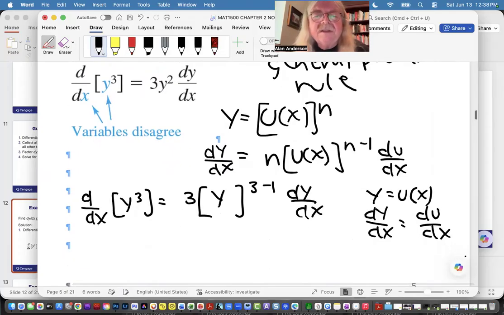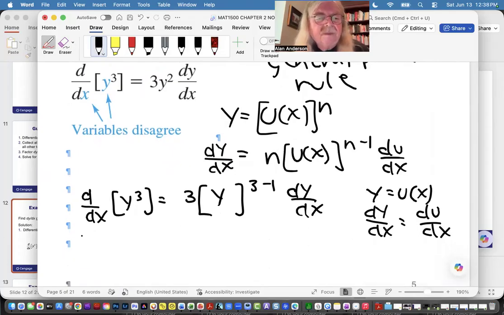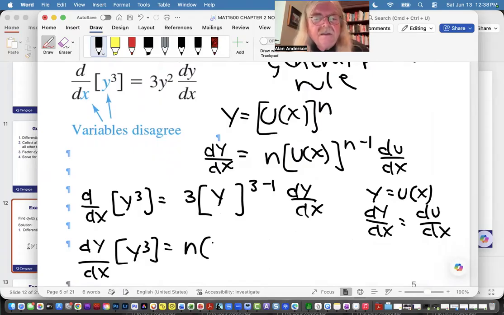So that means that when we differentiate this, let me write it in more general terms. You've got n y cubed. Well, that's n. Let's see, how could I do this differently? Well, actually, I have a better idea.